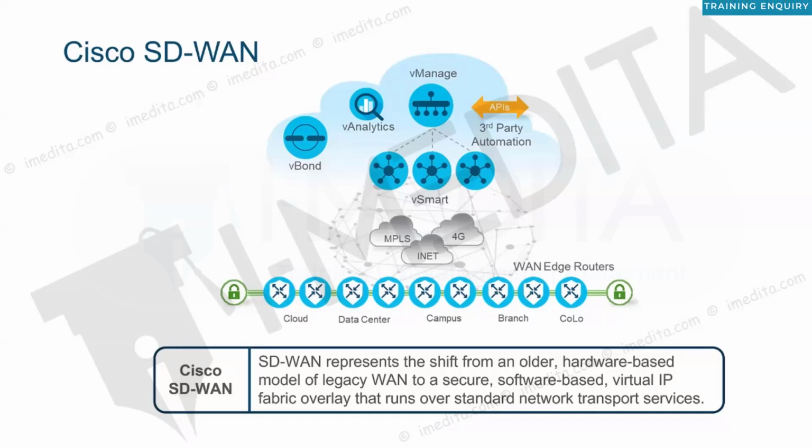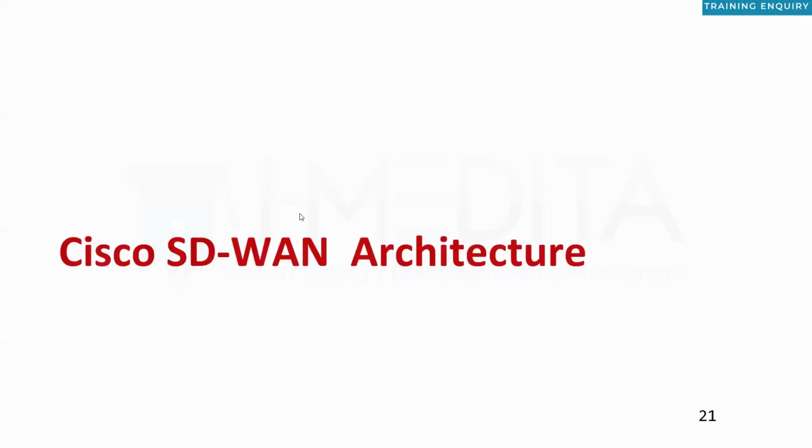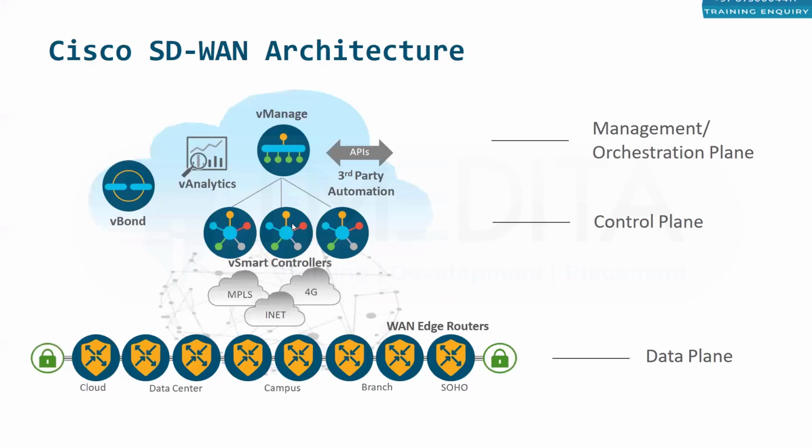Now, as I told you yesterday, from today onward we're going to start with the architecture of Cisco SD-WAN. So let me pull up the architecture. This is the architecture of SD-WAN. We have the control components, and then we have the managed routers that participate in the data plane of your network. Let me use a big pen here.